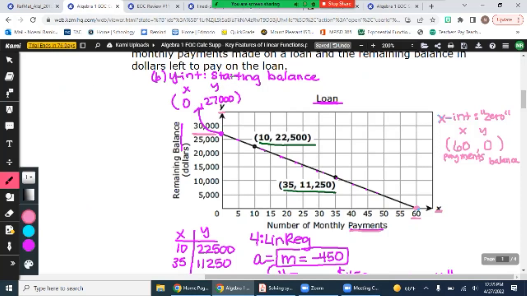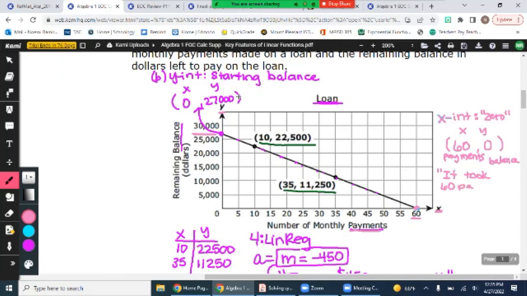So how could we put this point in sentence form? How could we write it? How could we describe it? It took 60 months for me to pay off my debt. There you go. It took 60 months, number of monthly payments, 60 months or 60.